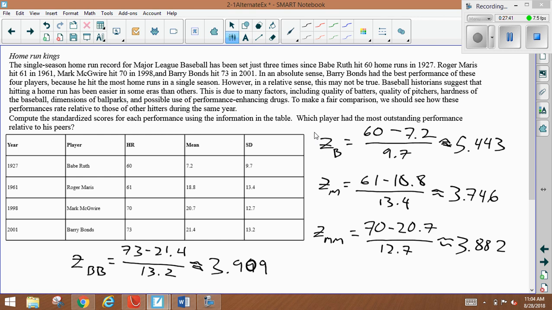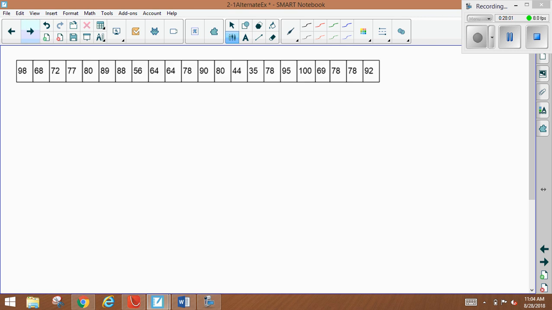Sandlot. Okay, thank you. I was making a Sandlot reference. So comparatively, it looks like Babe Ruth really is the Sultan of Swat, right? Because that is a very unusual, that is a super high z-score.